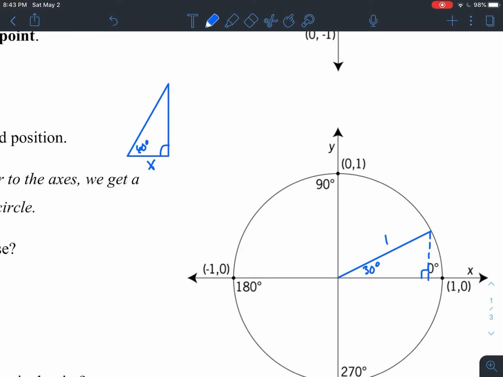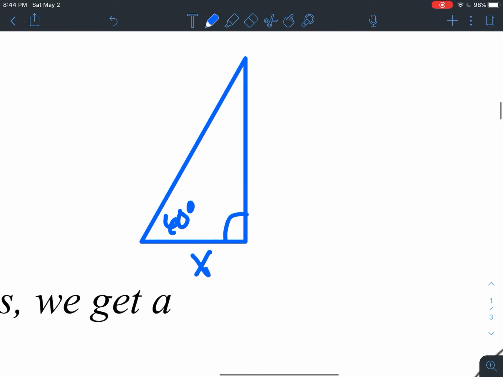That should be 60. That should be 30. There we go. So x is my short leg in this case. That's what everything else is based off of. So if I know what my short leg is, my hypotenuse is just double what that is. And then my long leg is my short leg times the square root of 3.